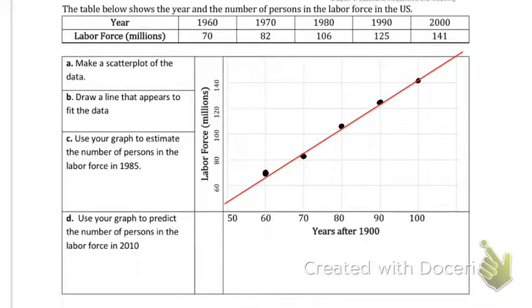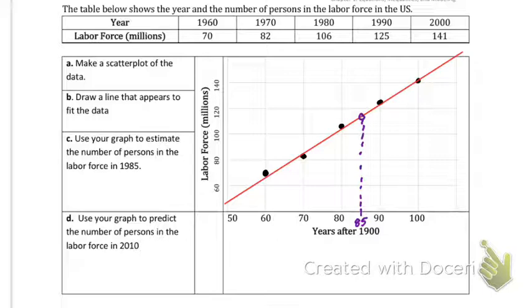All right, the next question is, use your graph to estimate the number of persons in the labor force in 1985. So that means my x equals 85. So I'm going to go ahead and label that. You don't have to label it, but I'm going to. So this is 1985. And to figure out what point that matches up with, you're just going to look straight up and see on that line where it matches.